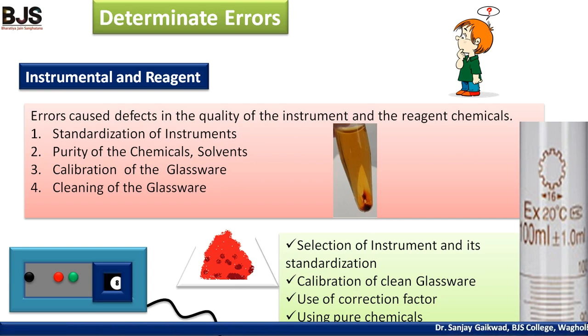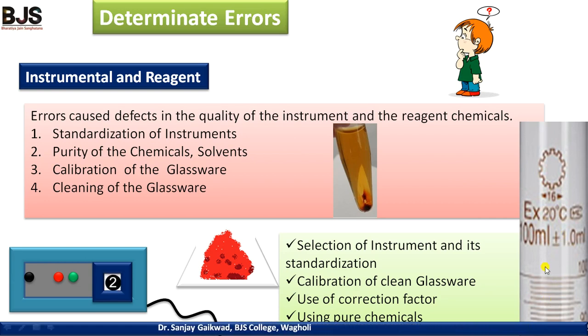Now in case of calibration of glassware, suppose one burette gives the result at 20 degrees Celsius, and the correction given here is plus or minus 1.0 ml for 100 ml. At 20 degrees Celsius this burette can be used, but in the summer time, suppose the temperature is 40 degrees Celsius, this burette does not give the correct result.